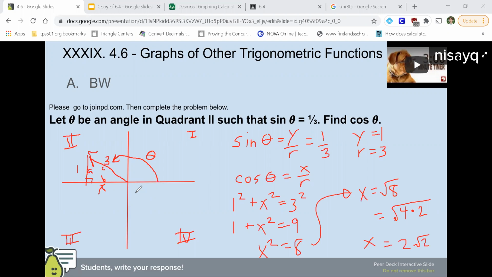Okay, I will tell you, this answer is actually wrong right now. There's something we're forgetting or missing. Does anyone know what it is? What's wrong about this answer?